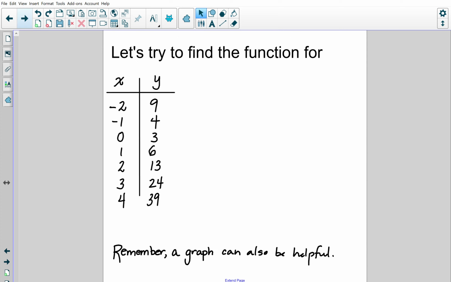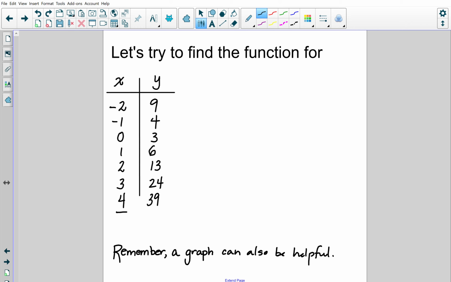Okay, so let's try now to find the function for this particular set of points. So I first look at that. I notice that all of the x's are in order. They're consecutive.